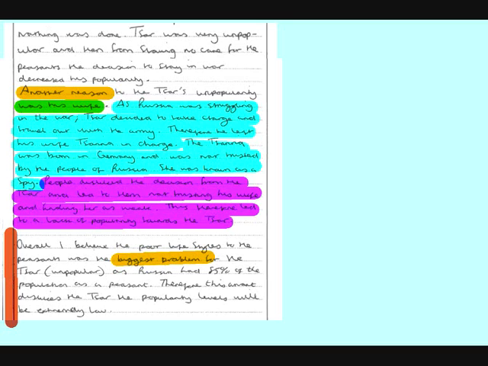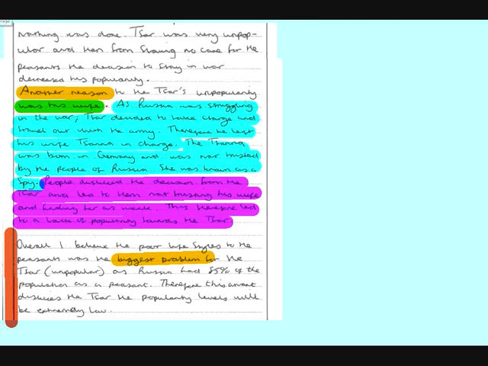However, this candidate scores 8 out of 8, for the simple fact they add an overall conclusion. Overall, I believe the poor life of the peasants was the biggest problem for the Tsar. So they've identified which reason of those three they think was the most important, and they've suggested why.